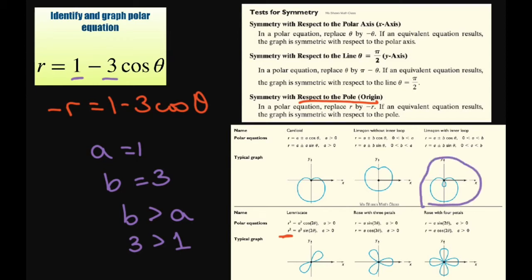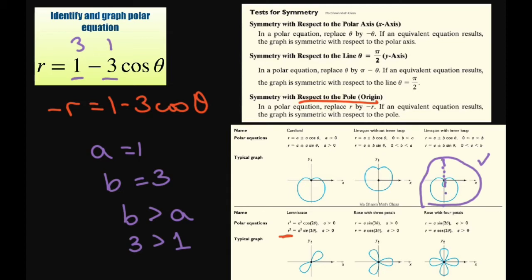If these numbers were switched, if A was greater than B, it would be a Limacon without an inner loop. Now, in our case, our symmetry is with the polar axis. So this one here that they have shown is with respect to the line theta equals pi divided by 2. So ours is going to be turned around a little bit.